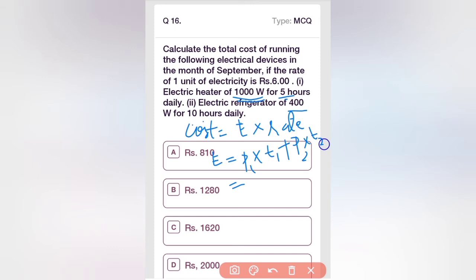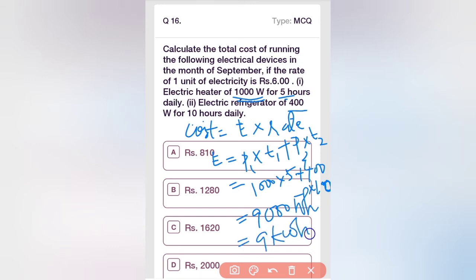So here 1000 into 5 plus 400 into 10. So it must be 9000 watt hour. So we have to convert to kilowatt hour. It is 9 kilowatt hour. This is per day.